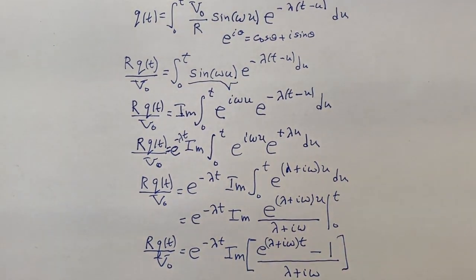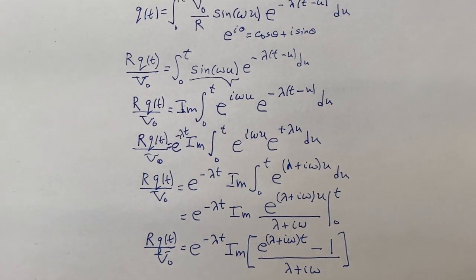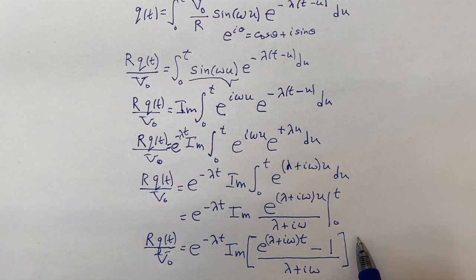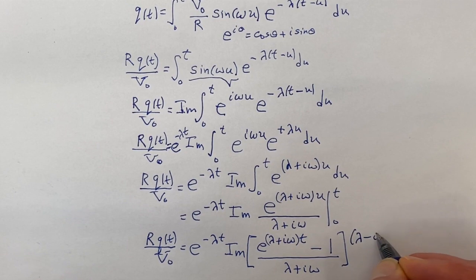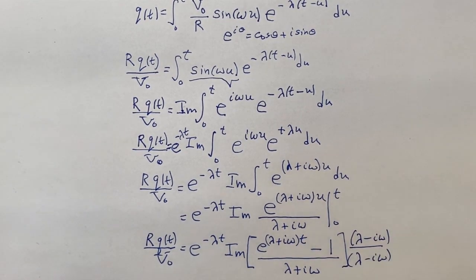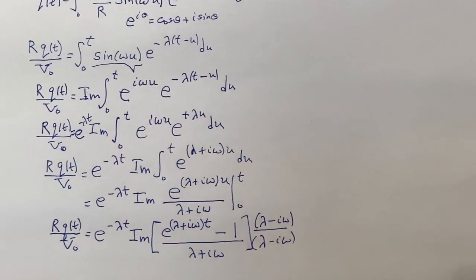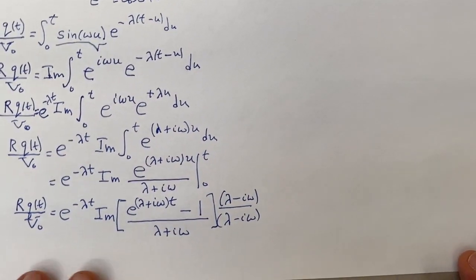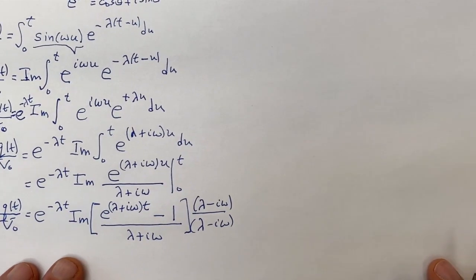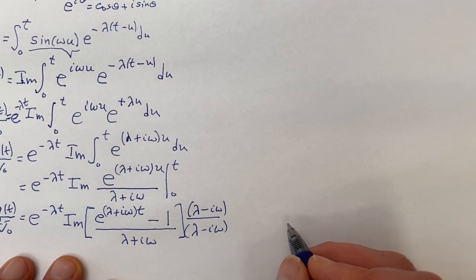So that's what we're looking at. The first thing we're going to do is multiply top and bottom by lambda minus I omega so that we can get that imaginary number out of that denominator. So that's the complex conjugate of the lambda plus I omega.